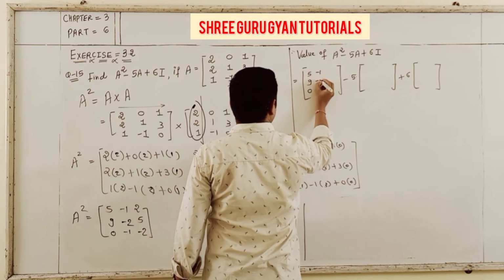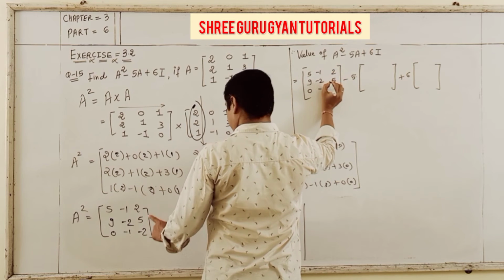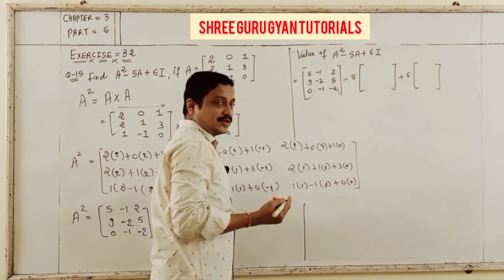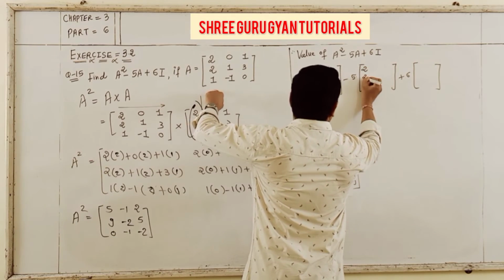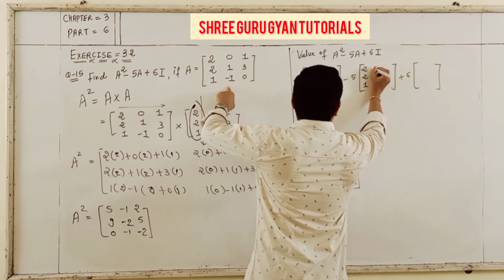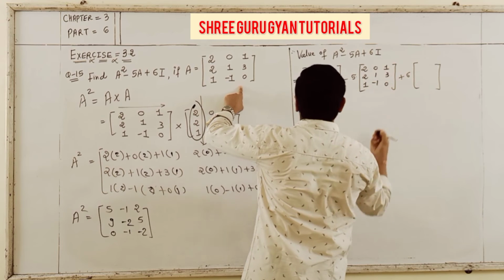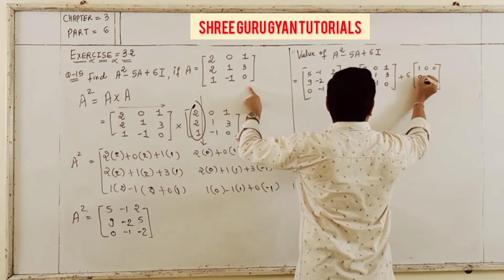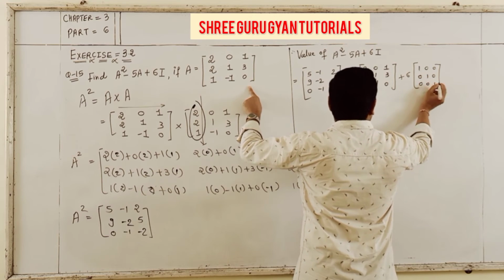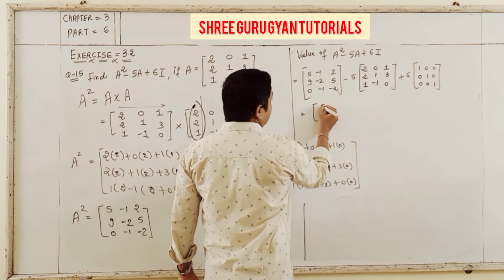Next minus 1 minus 2 minus 1 and 2 5 minus 2. Now students, A value is also 2 1 0, next 0 1 minus 1 and 1 3 0, and last 6I is 1 0 0, 0 1 0 and 0 0.